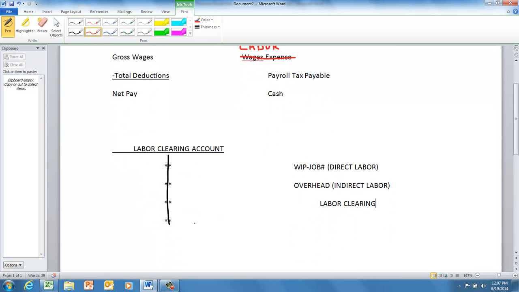Here we have a T account for the labor clearing account. And remember that we start out with a zero balance, and all of our wages that are coming in to the labor account are being debited to the labor account, just like we did here.